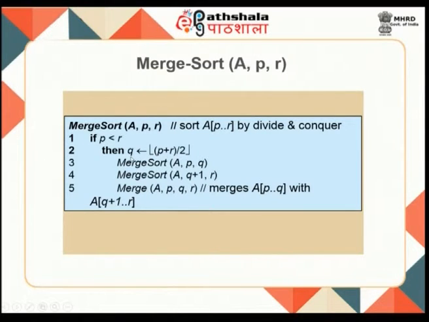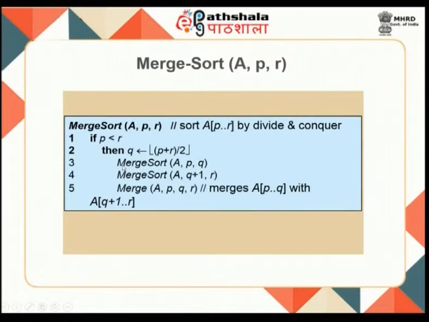Then once I have Q, my problem is now divided into sub problems, that is from the lower bound P to Q, and I have another problem, that is Q plus 1 to R. Now I have to apply this in a recursive manner.